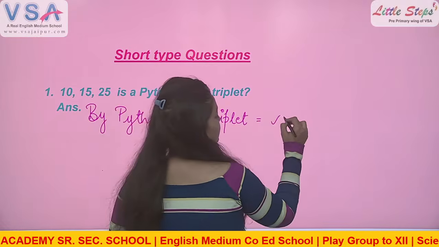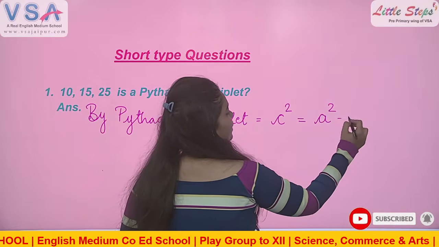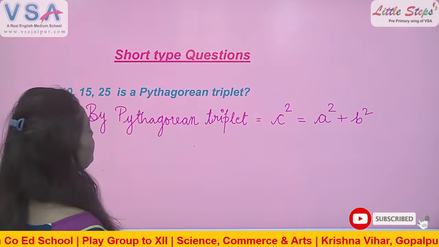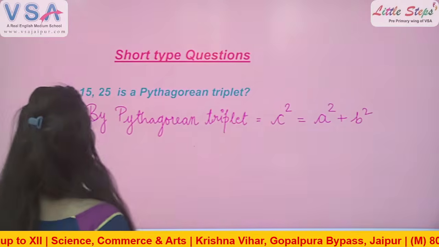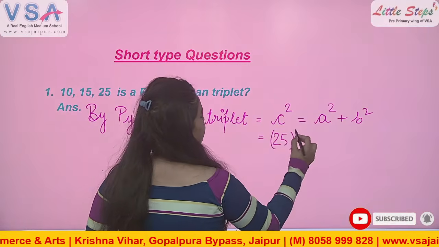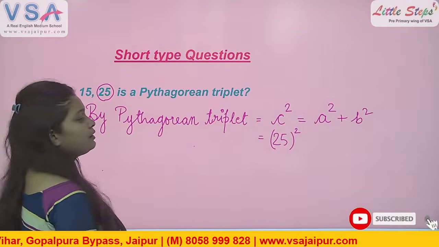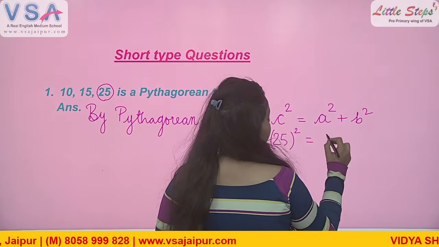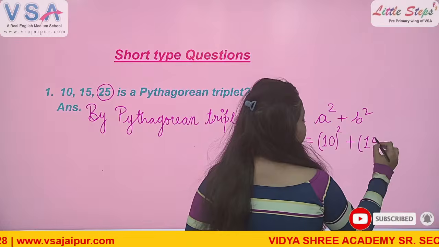What is a Pythagorean triplet? C square equals A square plus B square. Of course, we all know C is the longest side of the right-angled triangle. So we put the value of C as 25 square, and the remaining two, 10 and 15, you can write wherever you want: 10 square plus 15 square.